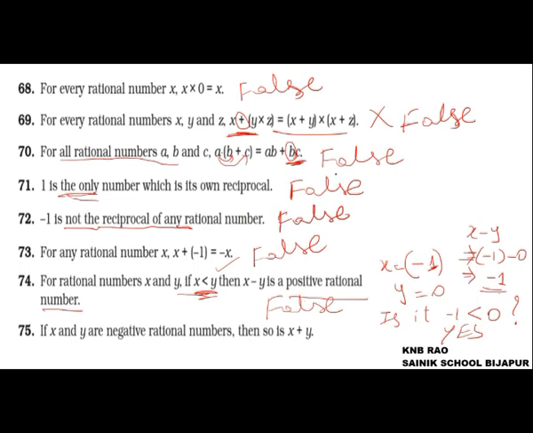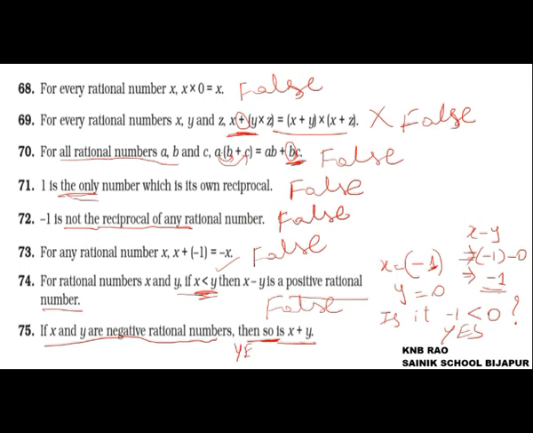Coming to the question number 75. If x and y are negative rational numbers, then x plus y is also negative. Is it true? You can check with any two negative rational numbers added. Does their sum come out negative only?